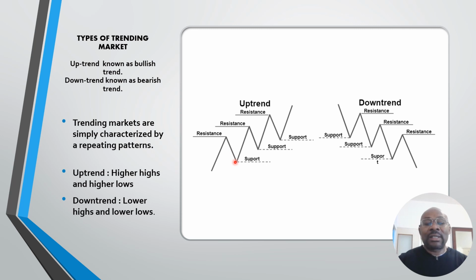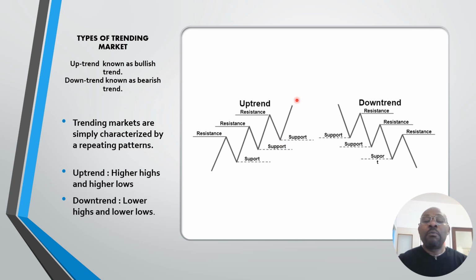It will retrace to this level. Okay, then this is an impulsive move. This is a retracement, right? Impulsive move, this is a retracement. Impulsive move, this retracement is supposed to get to like 50%. That is why we have what we call Fibonacci retracement.